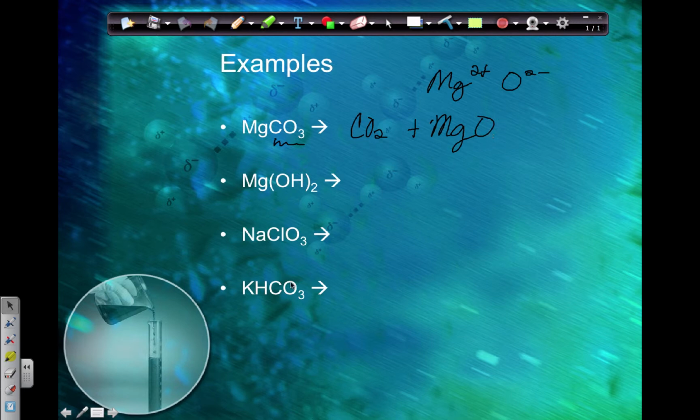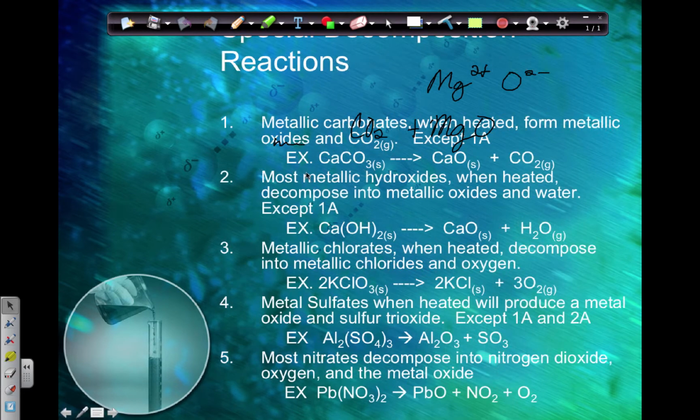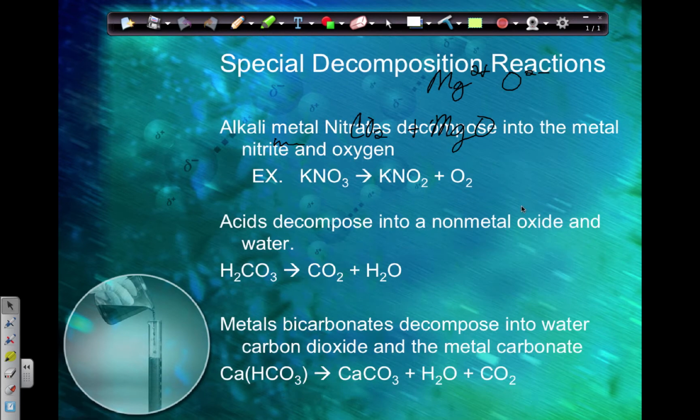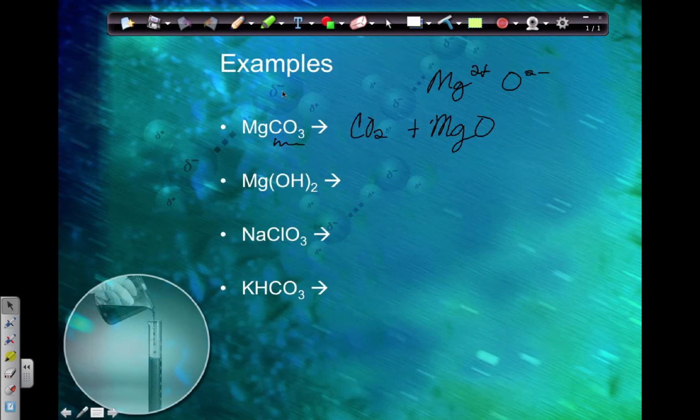All right, so now we have a hydroxide, so it's a metallic hydroxide. The rule says that it will decompose into a metal oxide and water. So the metal oxide, well, it's Mg, that's metal, so it's going to be magnesium oxide, and then water.